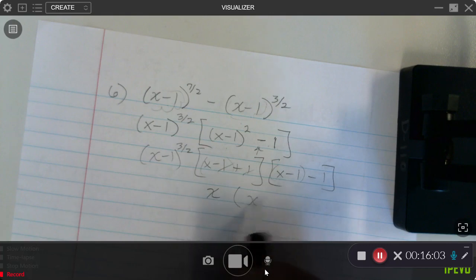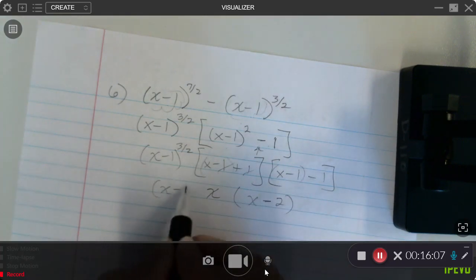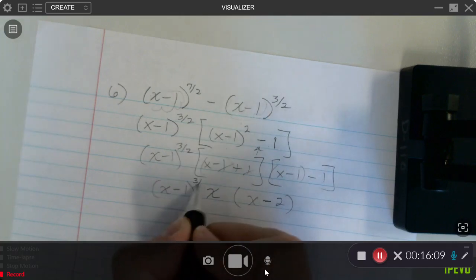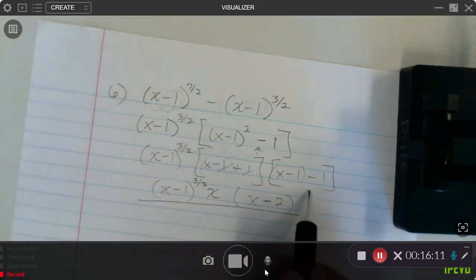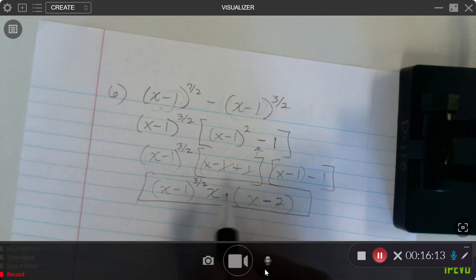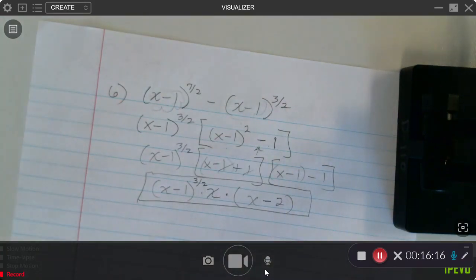And minus 1 would be minus 2. Feel good? Everybody picking up what I'm putting down?